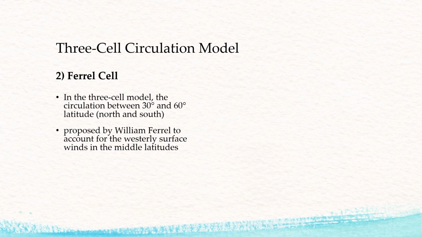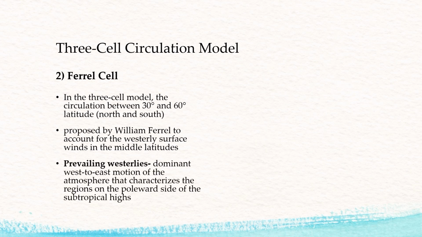And this is also something we need to account for in the circulation. Prevailing westerlies are, as defined officially, the dominant west-east motion of the atmosphere that characterizes the regions on the poleward side of the subtropical highs.